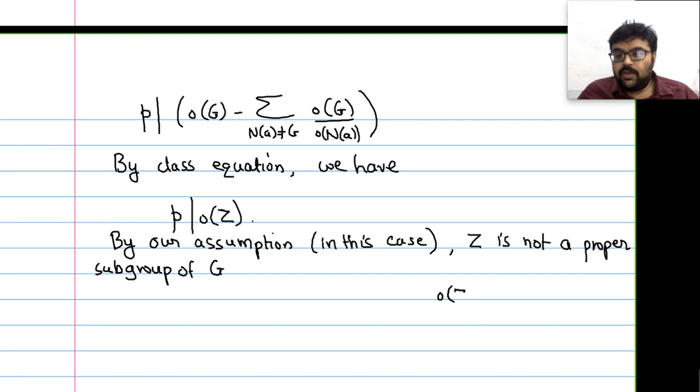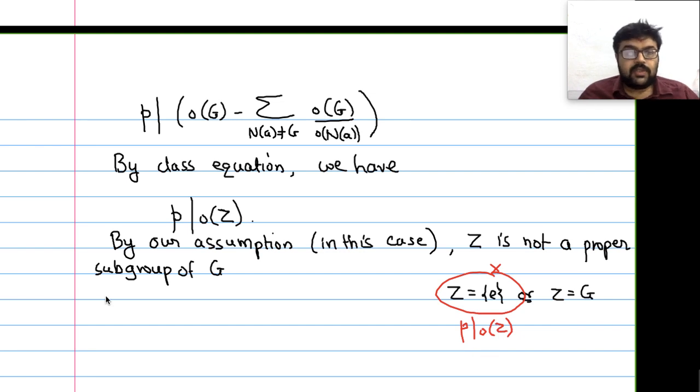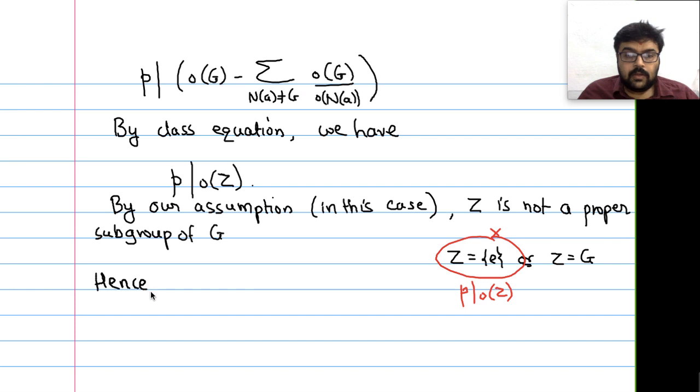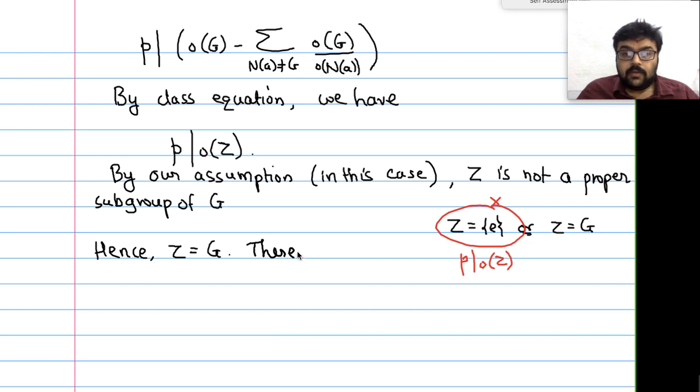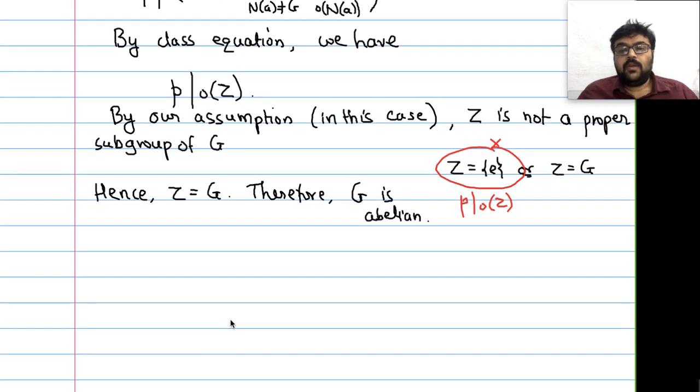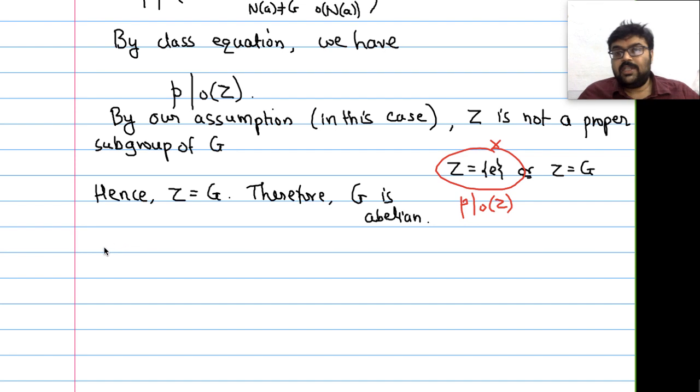So what is the possibility? Z is trivial or Z equals G, but the trivial case is not possible, because P divides order of Z, so it is not trivial. Hence Z equals G. Therefore G is abelian. So by Cauchy's theorem for abelian groups, the result follows.